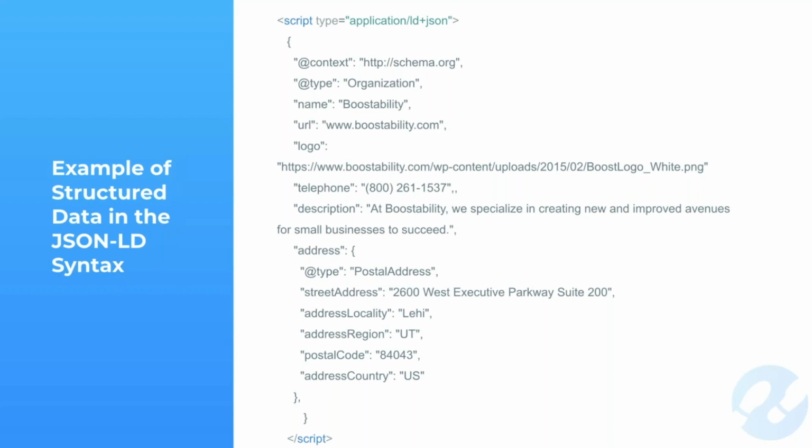In this JSON-LD syntax, the @context says we're using the schema.org vocabulary. We have an @type, identifying what type of entity it is. It's an organization. And then you have all the properties: name, URL, logo.